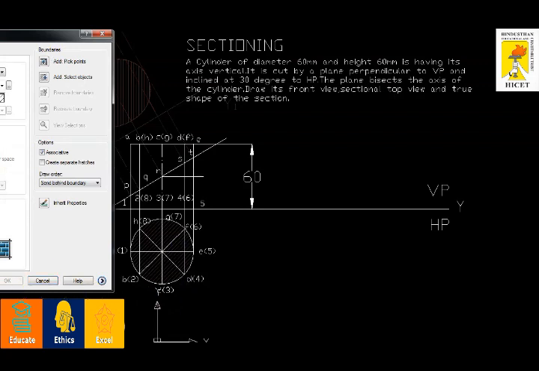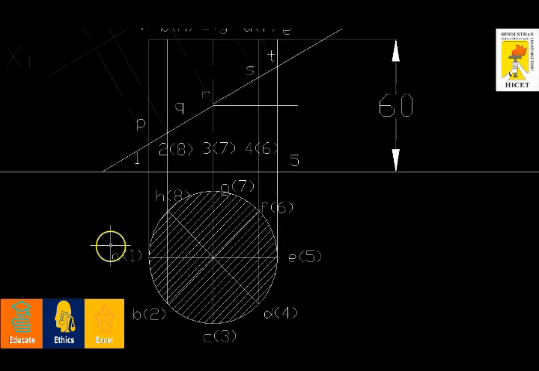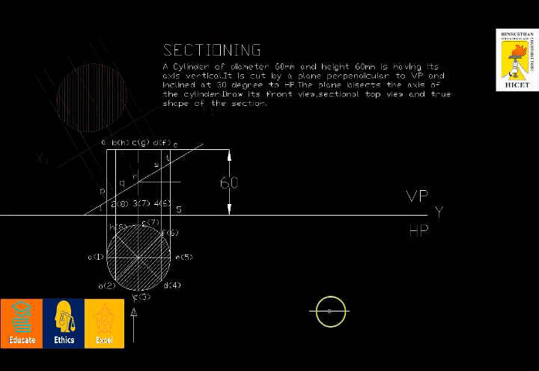I'm going to use 45 degrees, and I'm going to set the scale, maybe I'll go for 2. So this is what I'm going to do. I've done my hatching. This is called hatching.